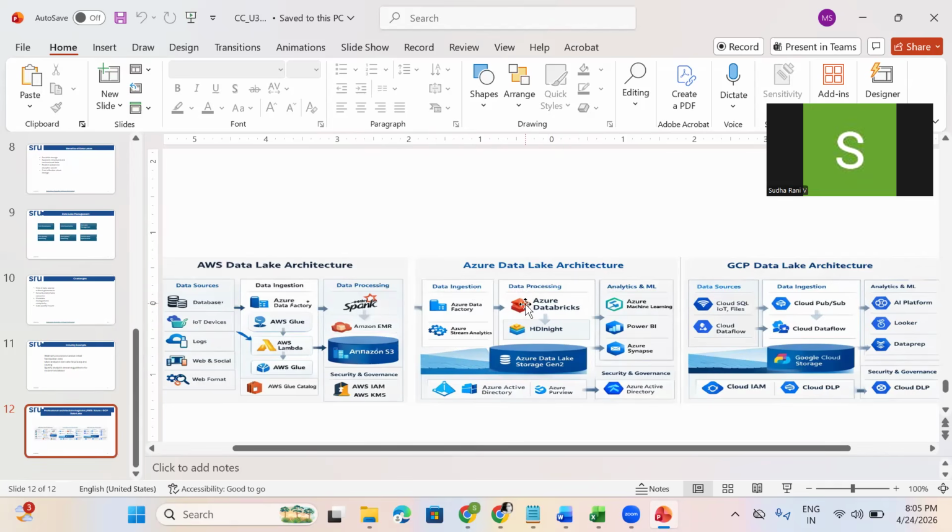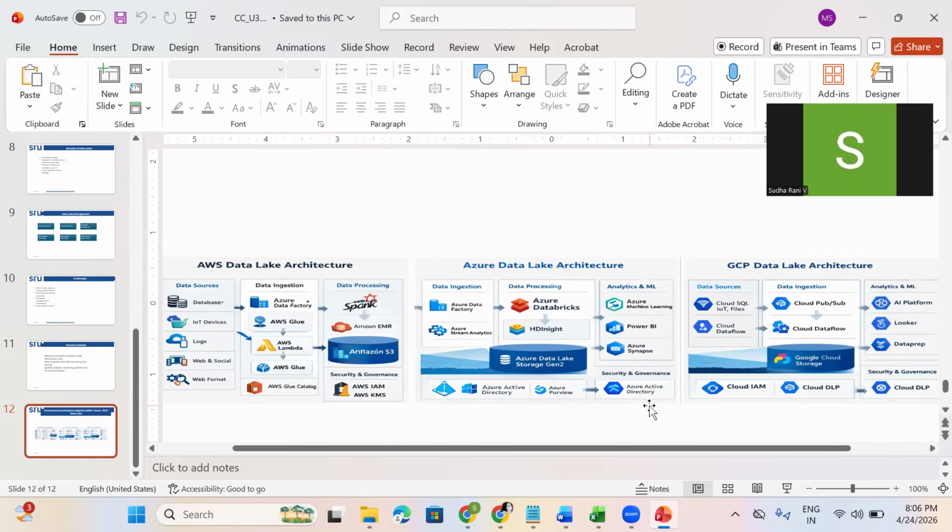Data processing: Azure Databricks, HDInsight, Azure Data Lake Storage. Analytics and machine learning: Azure Machine Learning, Power BI, Azure Synapse. And coming to security and governance, it is Azure Active Directory.